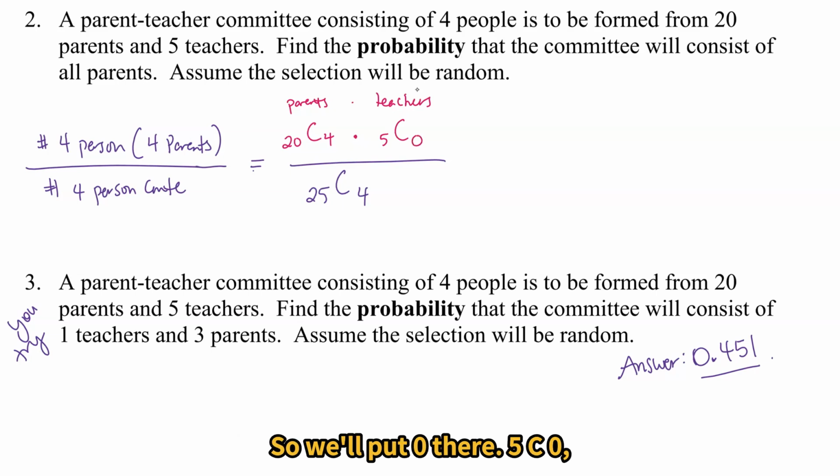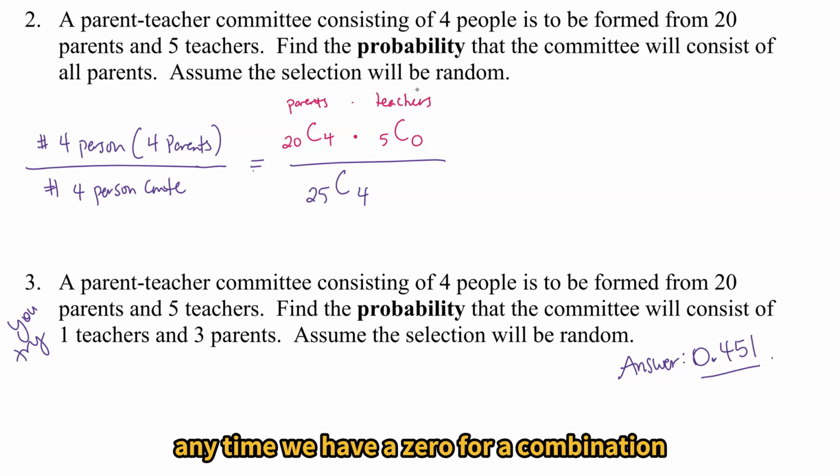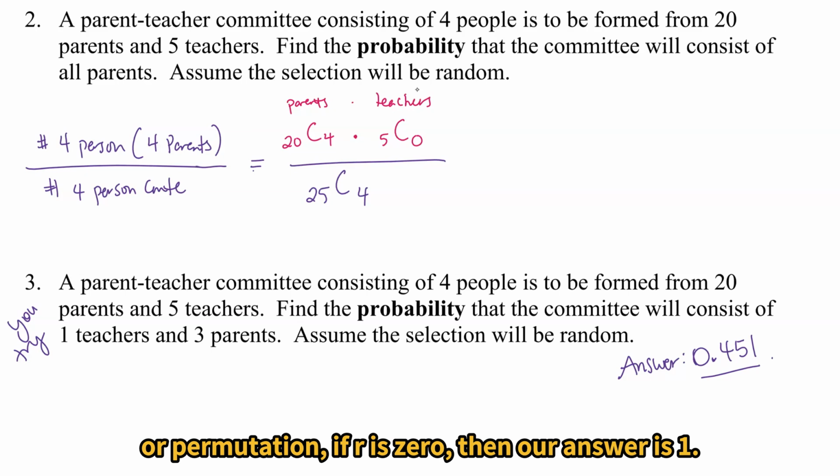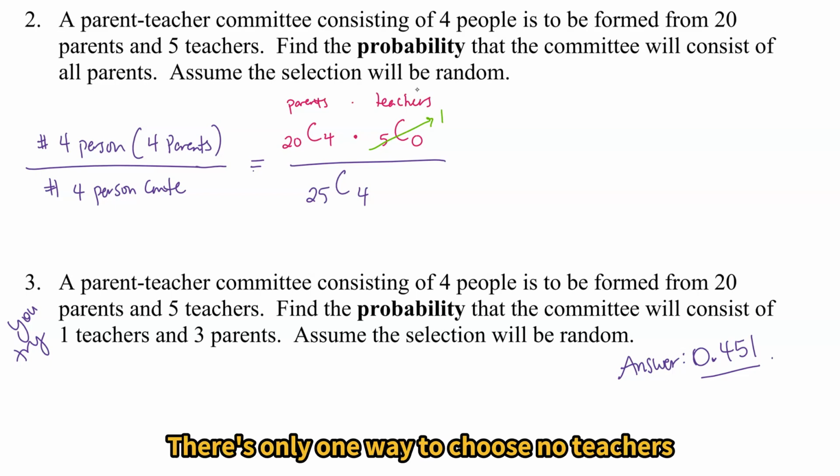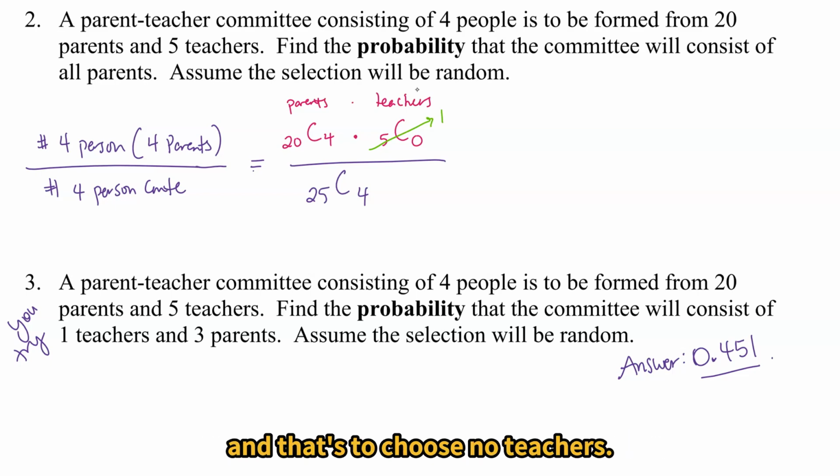So we'll put 0 there. 5C0, anytime we have a 0 for a combination or a permutation, if r is 0, then our answer is 1. It reduces to 0 factorial, which will give us 1. So this just turns into a 1, not 0, a 1. There's only one way to choose no teachers, and that's to choose no teachers.